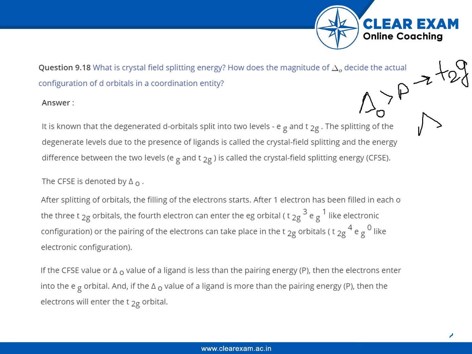And if delta naught is less than P, then the electron will enter the Eg orbital, which means T2g3 and Eg1.